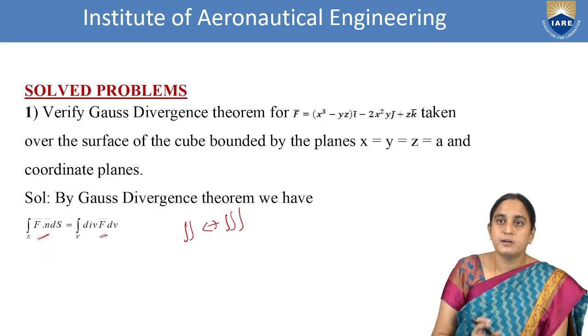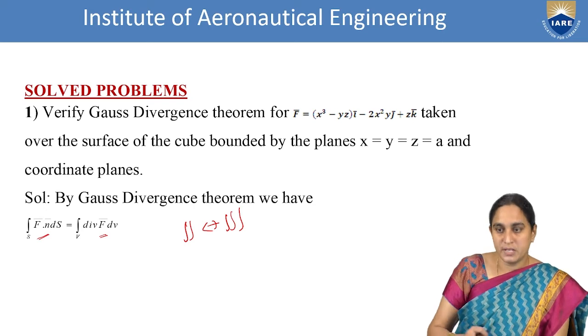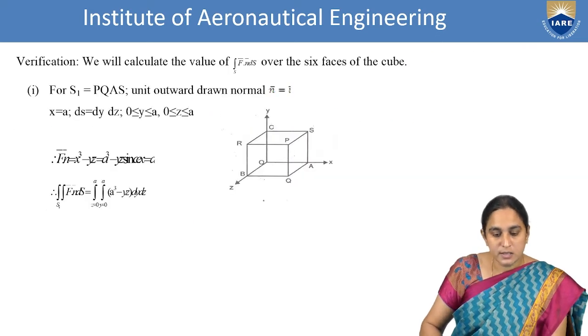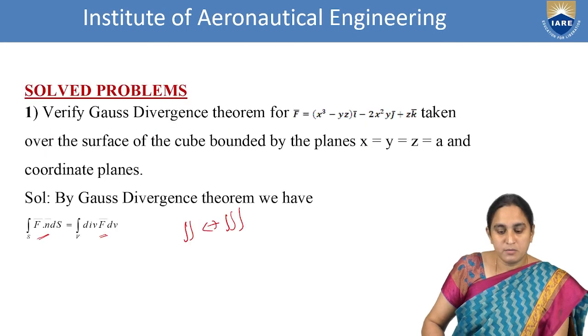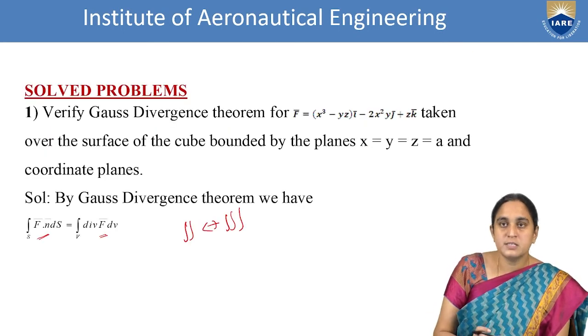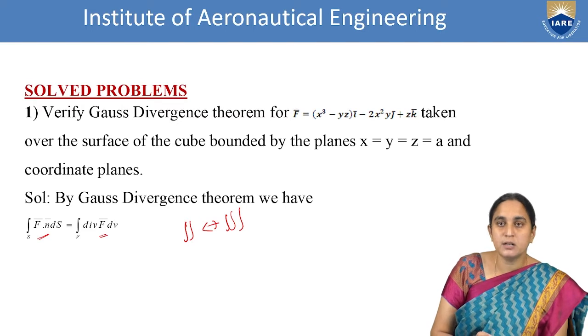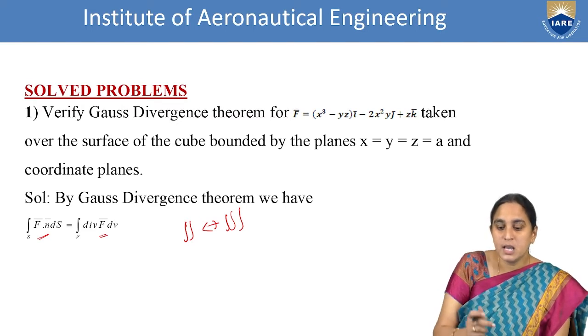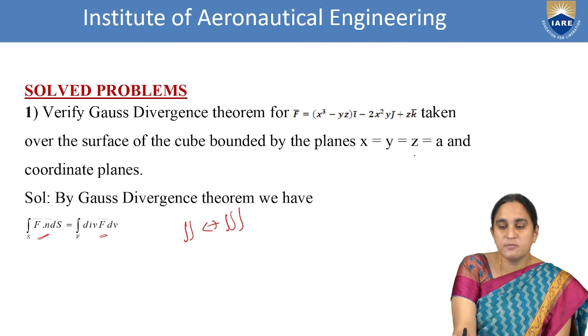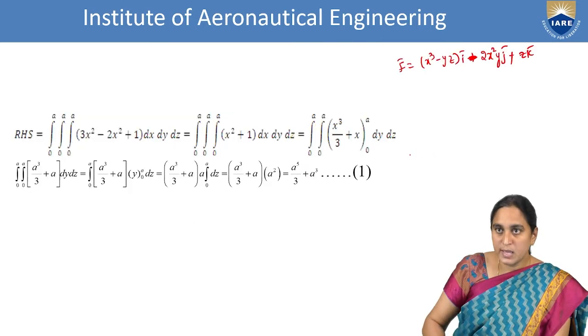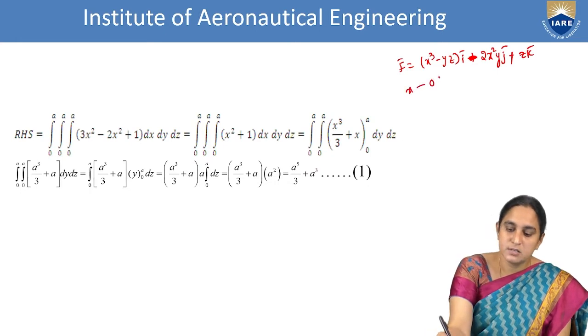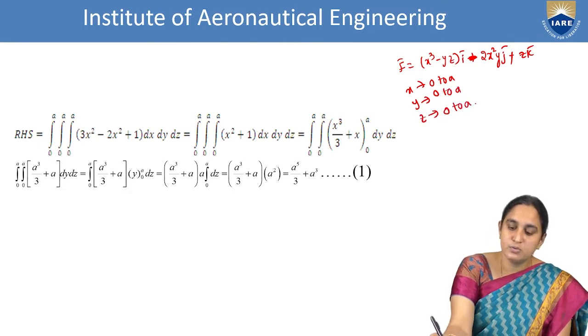Here, the function is over the surface of the cube bounded by the planes. Before going to draw the diagram of the cube, first I'll set up the triple integral directly from the question. What are the limits for x, y and z? x limits are 0 to a, y limits are 0 to a, and z limits are 0 to a.